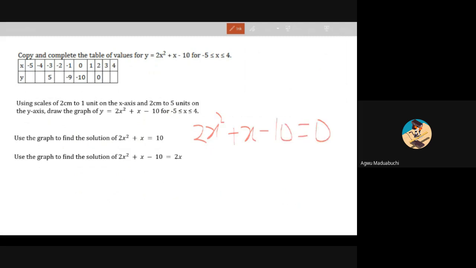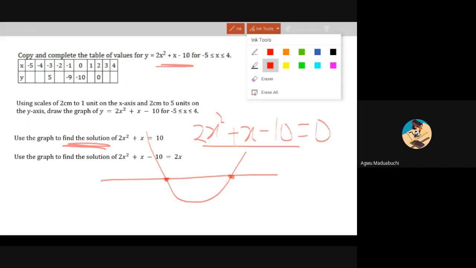So that means where y is 0, and that's exactly how your curve looks. So this is exactly this. You are just looking at where that graph cuts the x-axis. So finding the solution is the same thing as saying find the root of the equation. So you have the two values of x. Is this clear? Yes, ma'am.